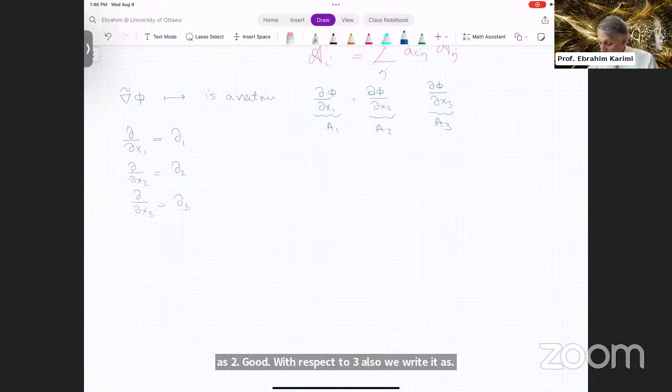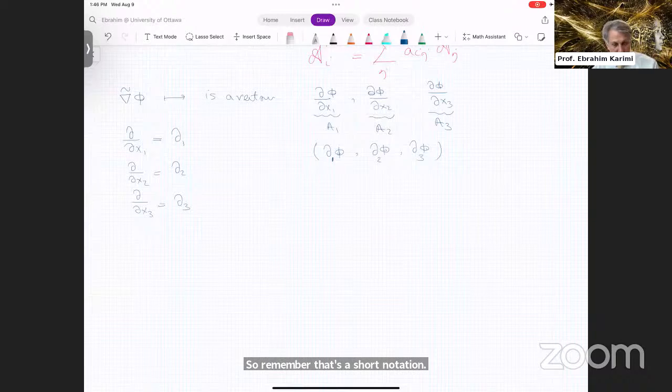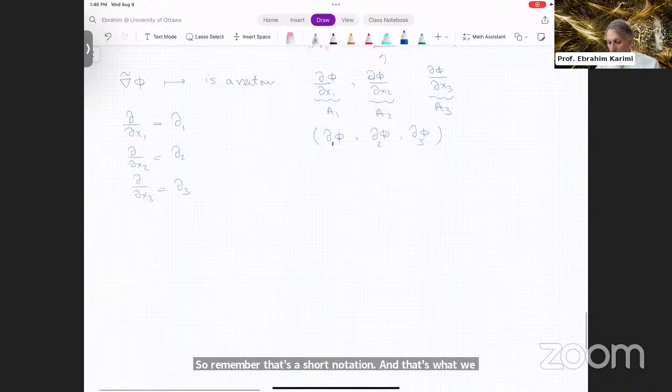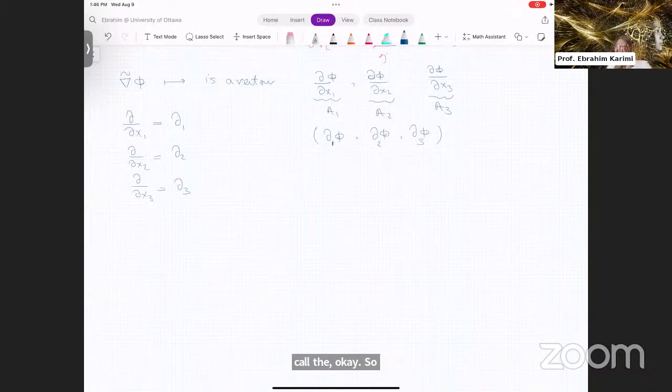So some people write derivative of phi with 1, derivative of phi with respect to x2, derivative of phi with respect to x3. Remember, that's a short notation, and that's what we call the gradient. So that's the definition of a gradient.